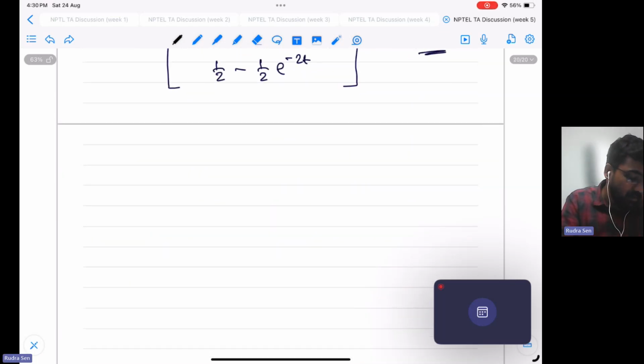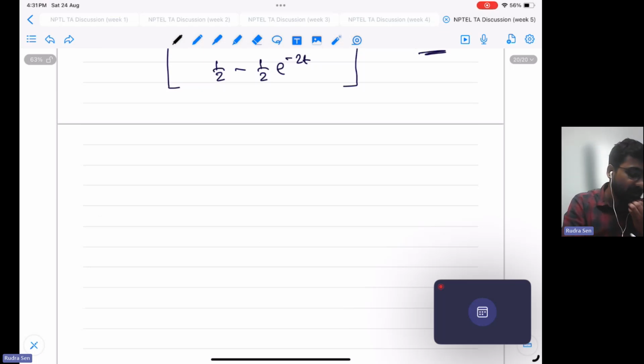So when we find out the system's response, we see lots of involvement of the state transition matrix, right?